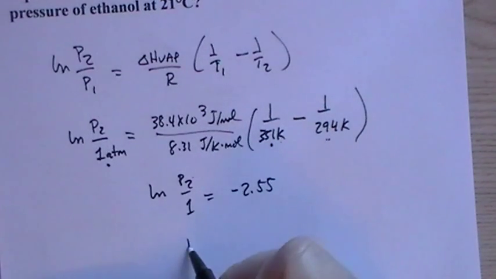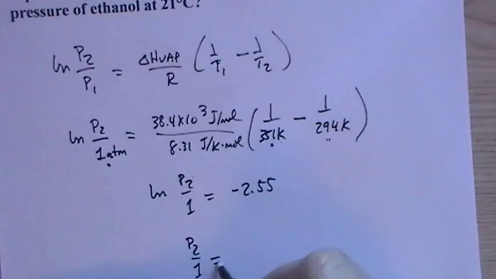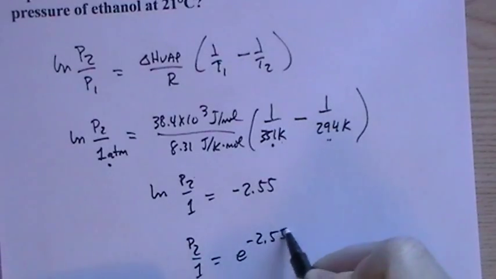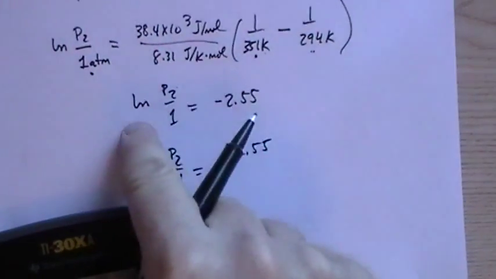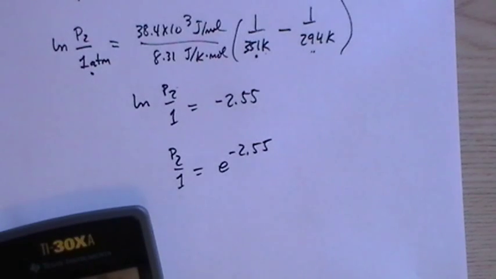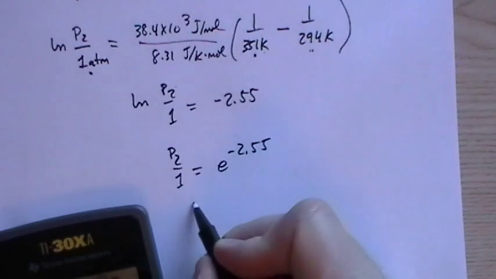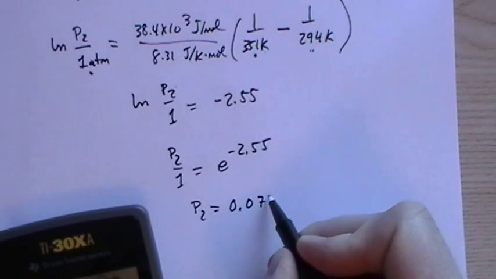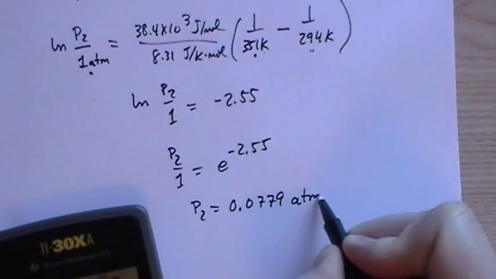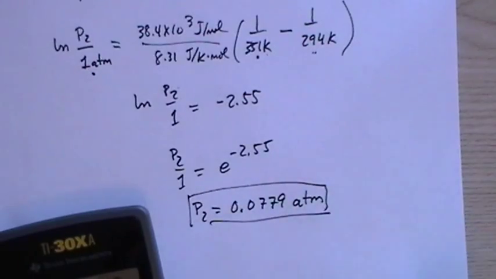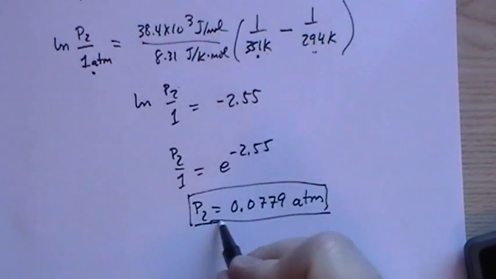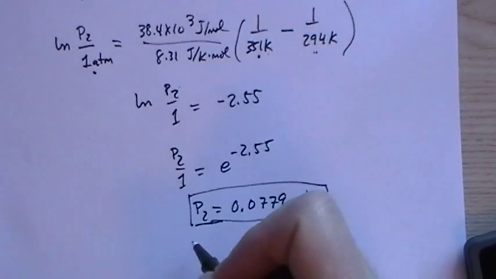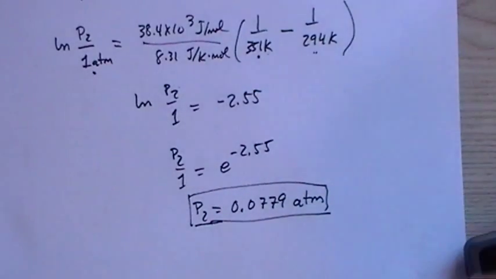So this is going to be P2 over 1 is equal to e to the minus 2.55. So it's the antilog, or the second function of the negative, of the natural log. And we end up with P2 is equal to 0.0779 atmospheres. And because we're running low on time, I'm going to double check this, and if I'm wrong on this, I'll just tack it on to the next problem, but it seems reasonable at this point anyway.